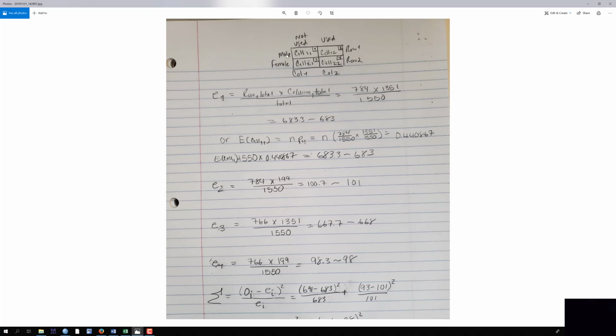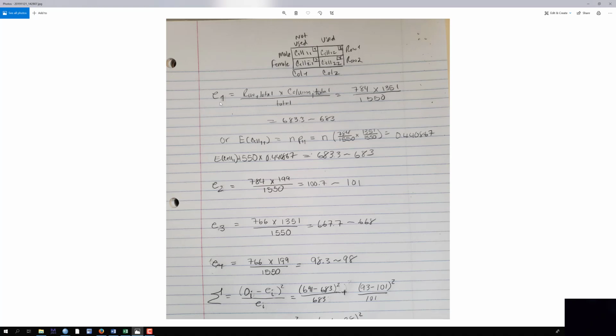So cell 1 would be row 1, column 1. This is in row 1 and column 2, etc. That's the terminology we use at some points when we're talking about cells or matrices.